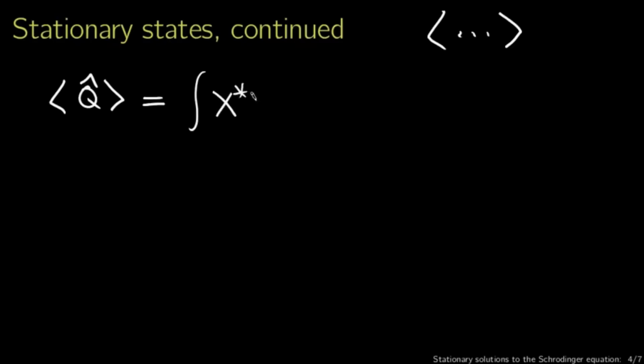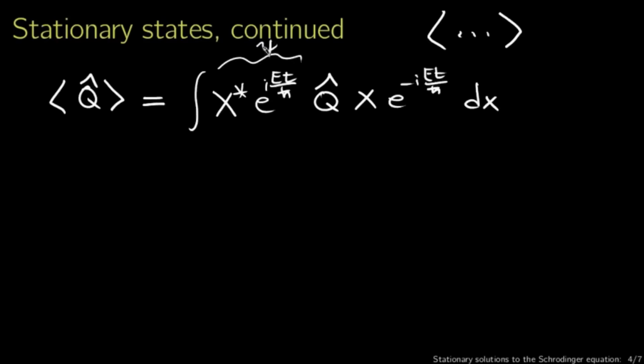So complex conjugate of the spatial part times the complex conjugate of the time part, which from the last slide is e to the plus i E t over h bar. Our operator gets sandwiched in between the complex conjugate of the wave function and the wave function itself. So this is again just X and then e to the minus i E t over h bar. And this is all integrated dx. So this is psi star, and this is psi. And this is our operator sandwiched between them, as in the expression for the expectation.